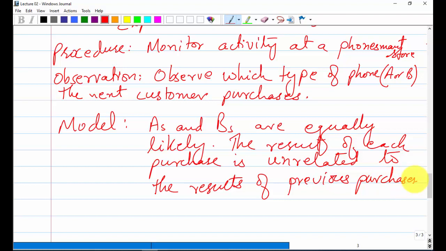So here we have seen a very simple experiment in which we have defined our procedure, that is what we are going to do: monitor activity at a Phone Smart store, so we can repeat it. The observation is what the next customer is going to purchase, and the model is that both are equally likely.